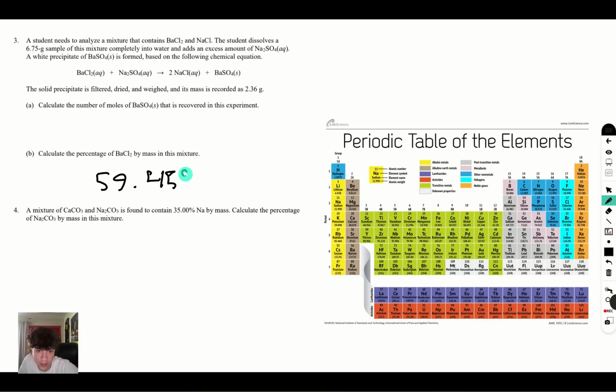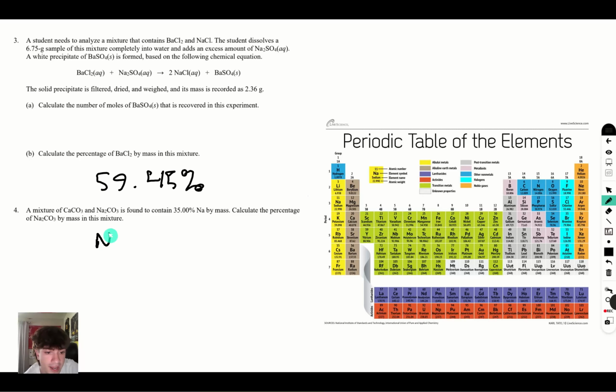Now let's take a look at number 4. A mixture of CaCO3 and Na2CO3 is found to contain 35% Na by mass. Calculate the percentage of Na2CO3 by mass. So first, we have to find out what percent of the Na2CO3 is Na, or sodium.